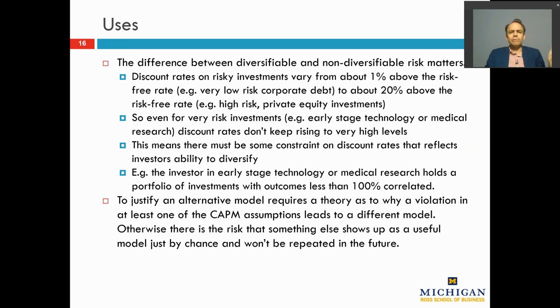But even for very risky investments, like early stage technology investments or medical research, discount rates don't keep rising to very high levels. We don't use 30%, 40%, 50%, 60% discount rates in valuation because they're too high. Now you will see some people plug that number into a spreadsheet.